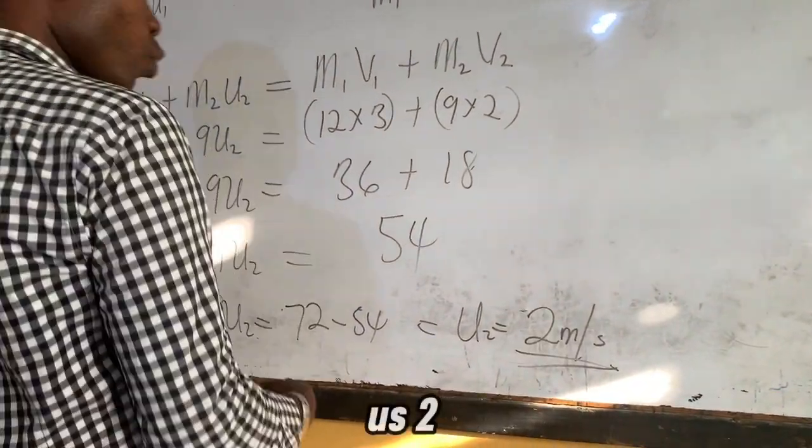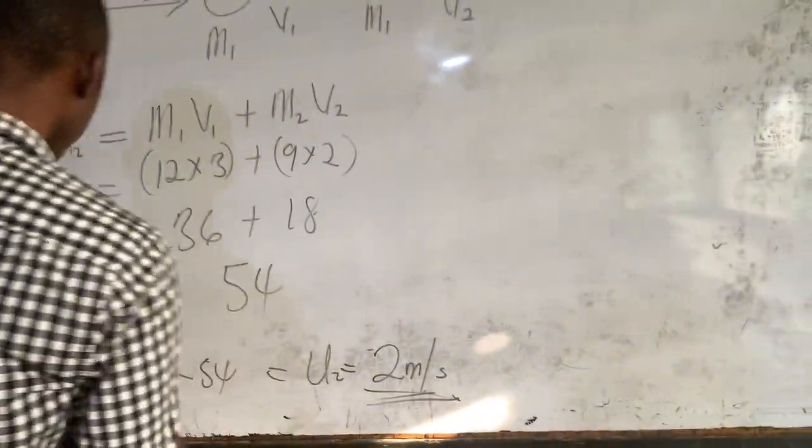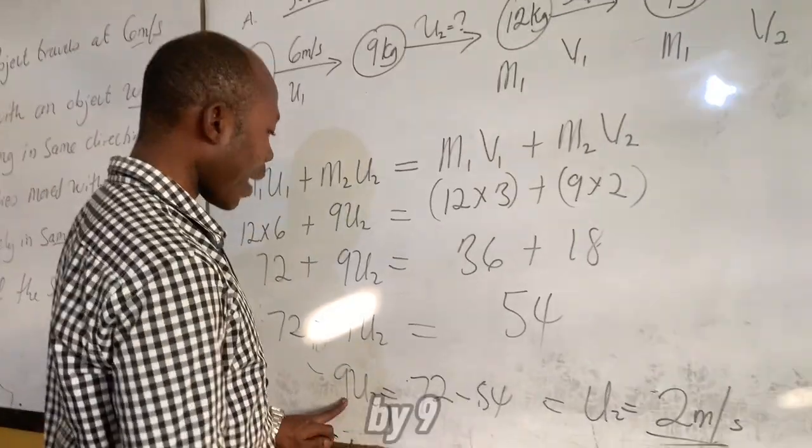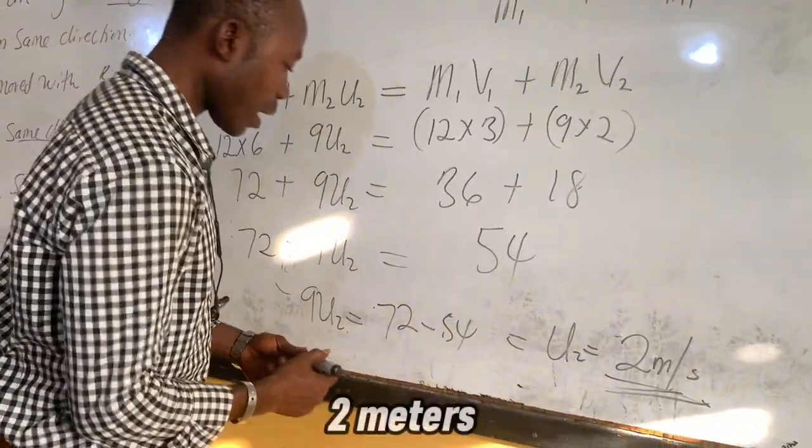U2 will give us 2 meters per second, after subtracting and dividing by 9.